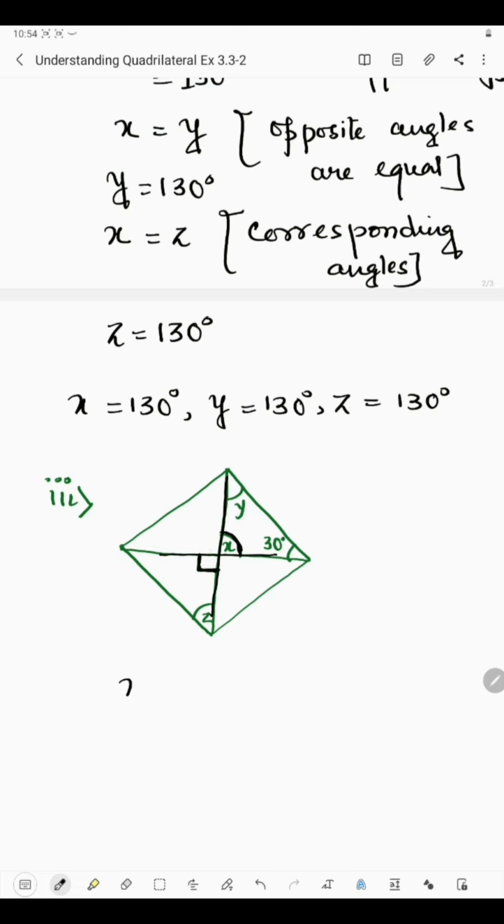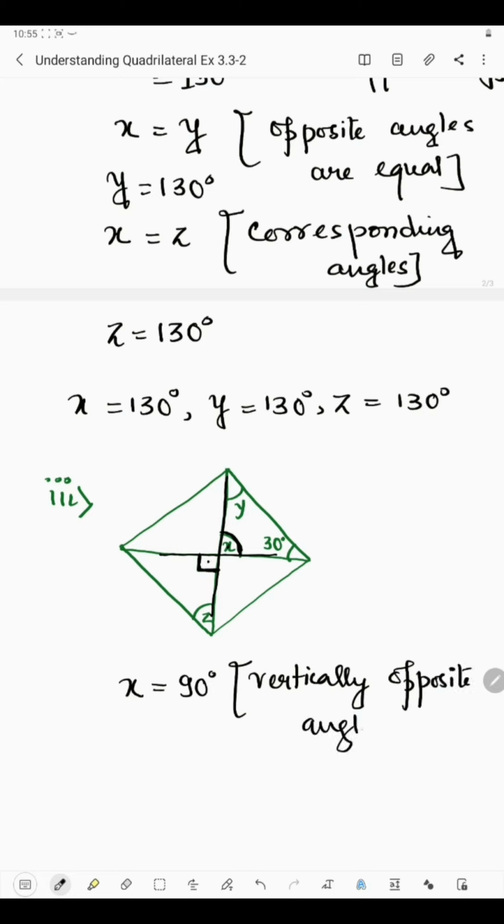So here angle x is 90 degrees because this angle and this angle are vertically opposite, isn't it? So x will be equal to 90 degrees, as these are vertically opposite angles. So we have got the value of x, which is 90 degrees.